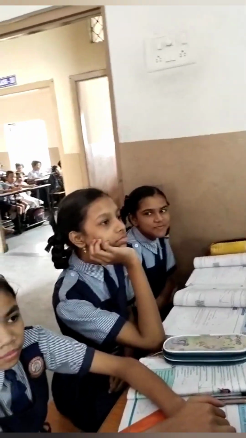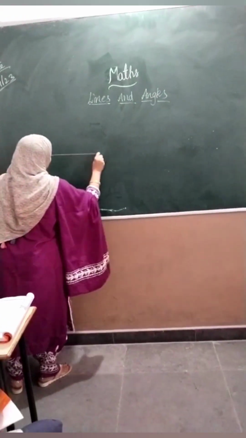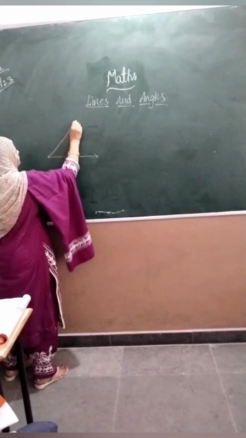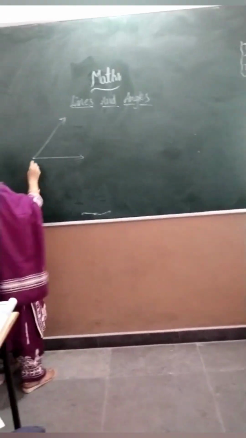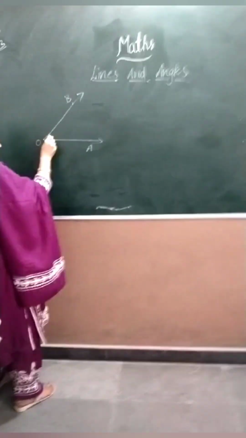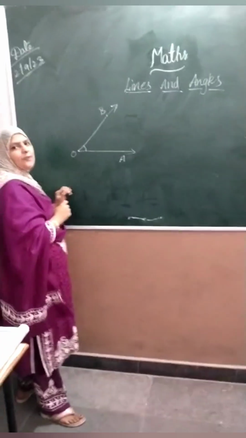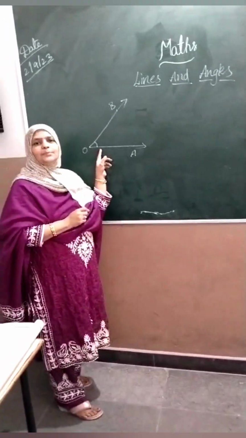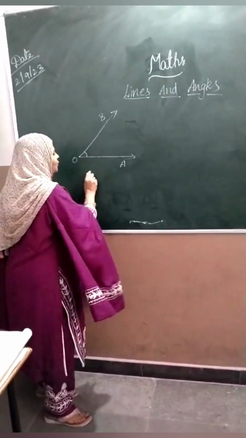Now, when you join two rays with a common vertex, angles are formed. Let us draw an angle here. Name this O and these A and B. With a common vertex, an angle is formed. We call this type of angle an acute angle.